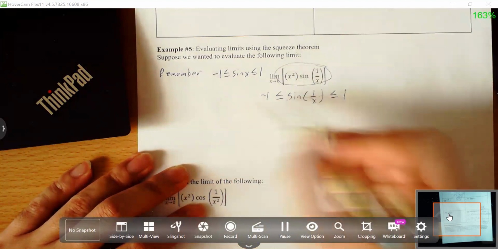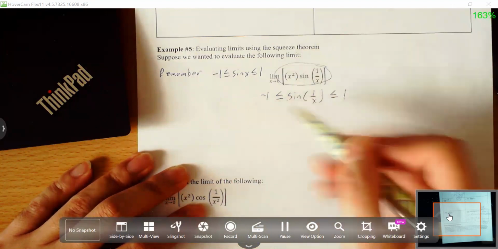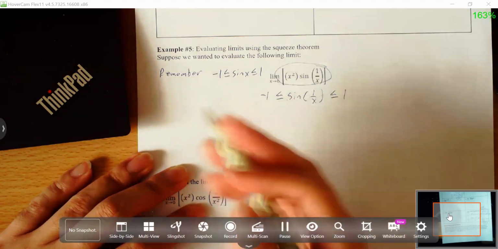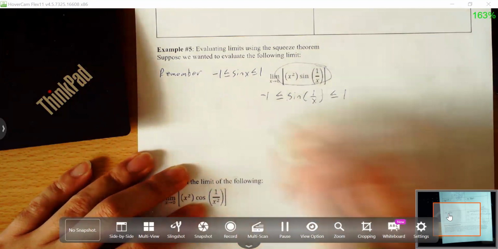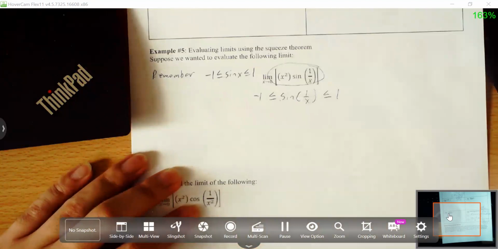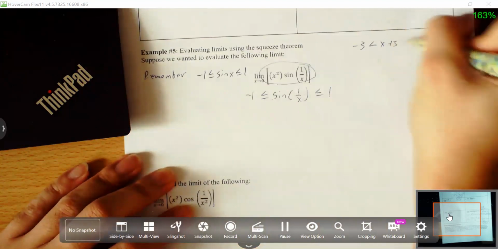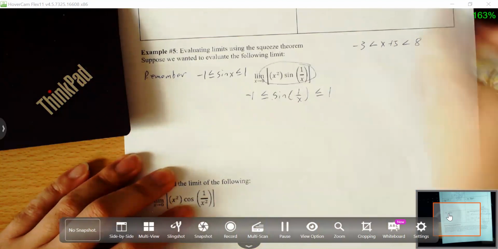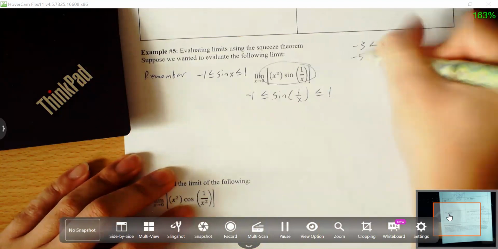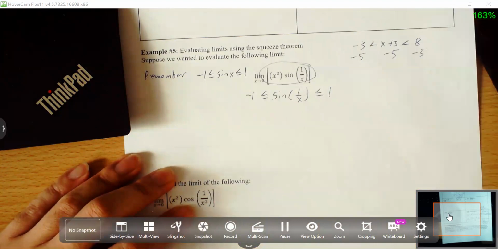But remember, if we have an inequality, if you do it to one side, you have to do it to the other side. If you remember from Algebra 1, if you did this, you had to do that, and you had to do that, right?